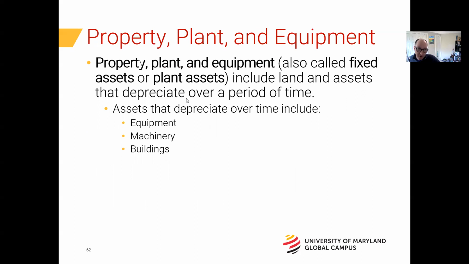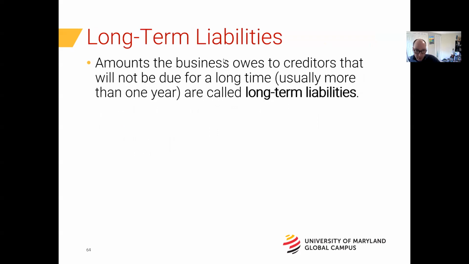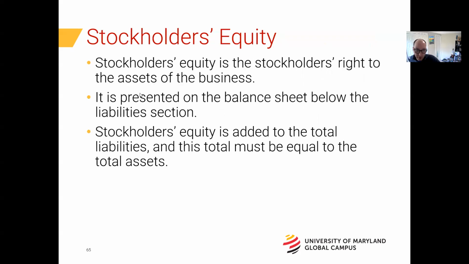Property, plant, and equipment, also known as fixed assets, include land, machinery, buildings, equipment. Current liabilities include things like notes payable, accounts payable, wages payable, interest payable, taxes payable, unearned fees. These are all things within 12 months or less. Long-term liabilities, things are due greater than 1 year.